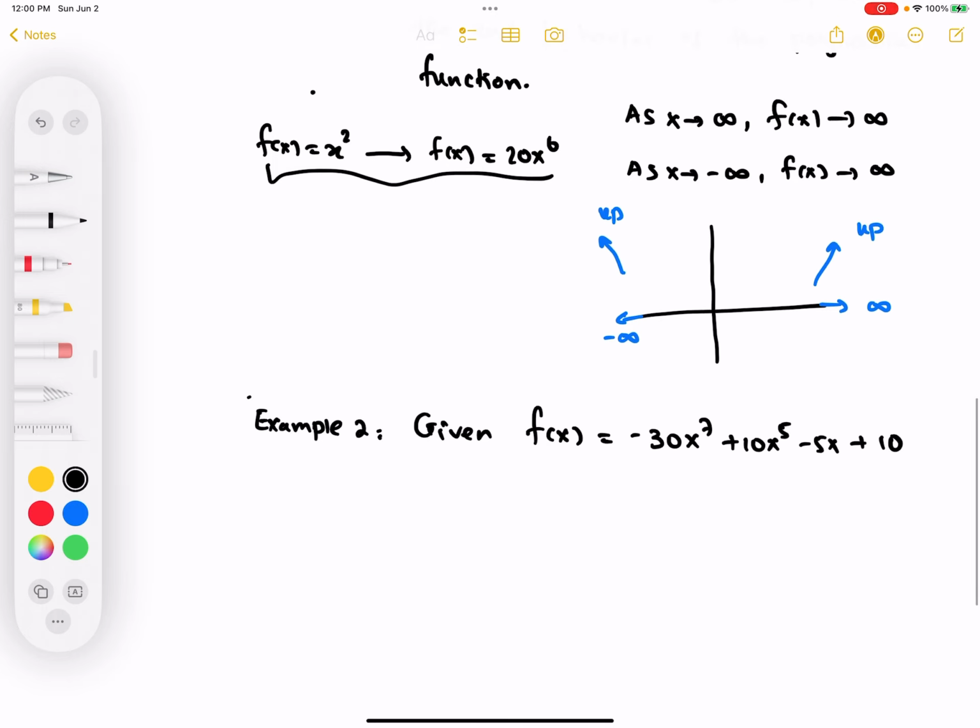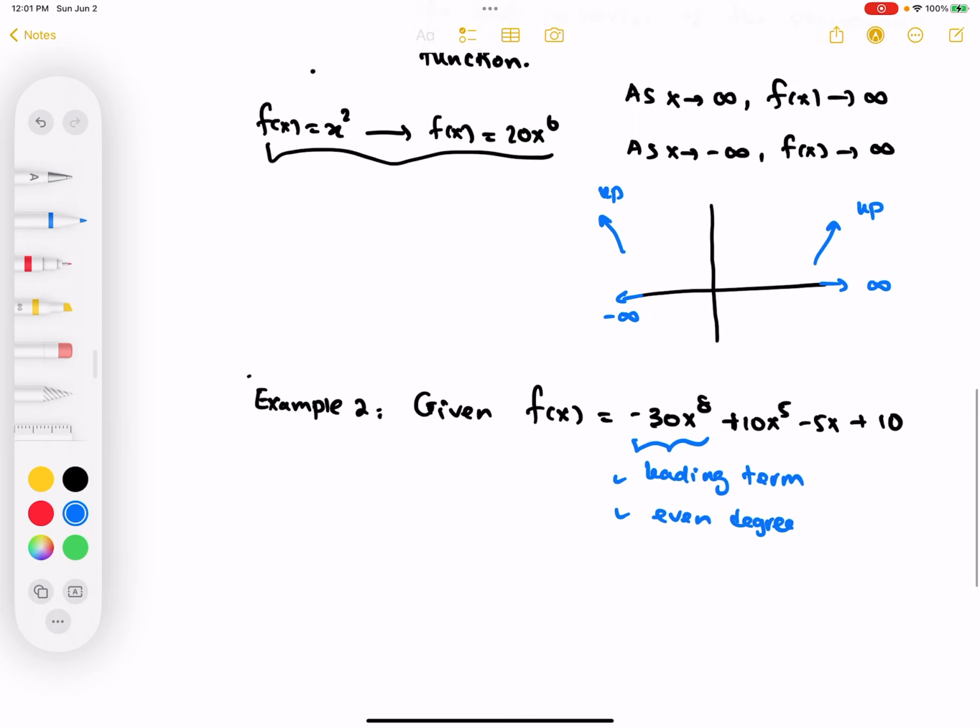Let's try first with even, x to the 8. Now the leading term is this one, and you can see it is even degree, and the coefficient is negative.